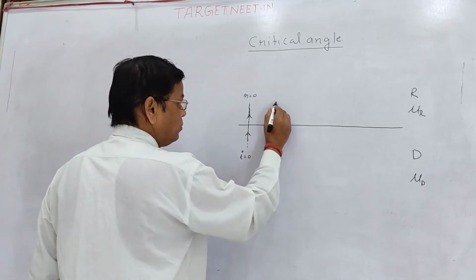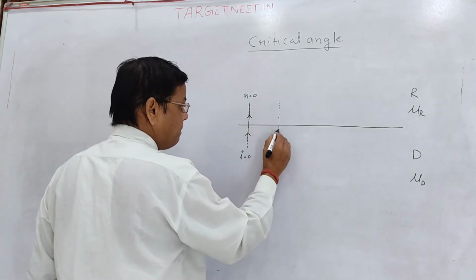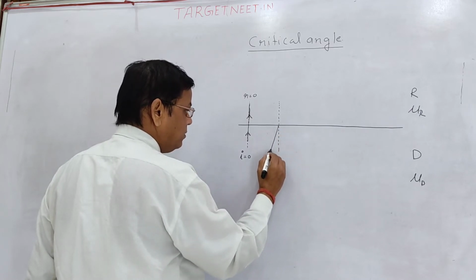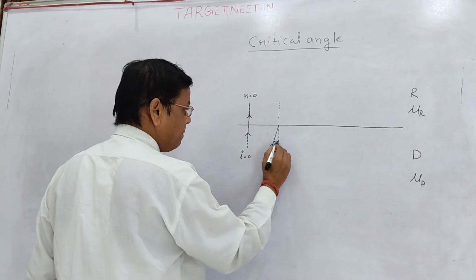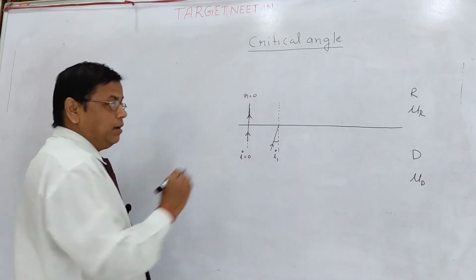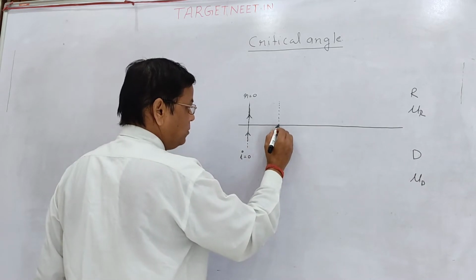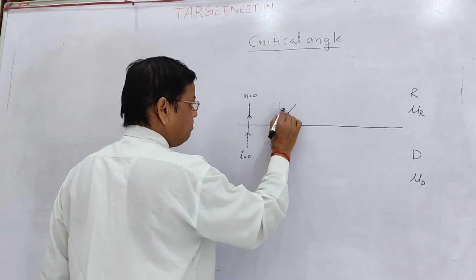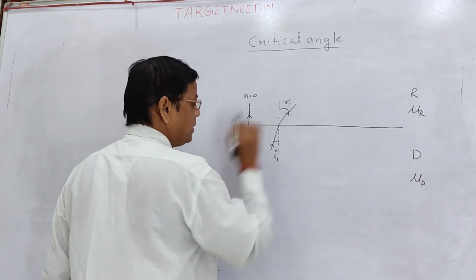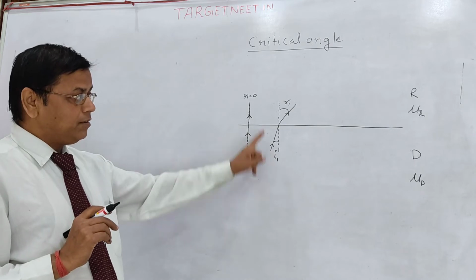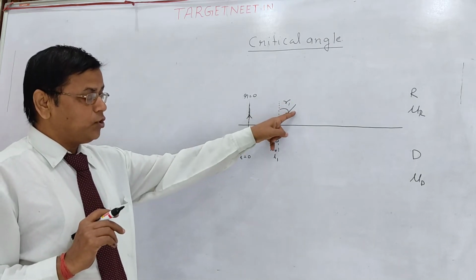Now if I increase the angle of incidence from 0 to I1, the angle of refraction also increases from 0 to R1. But see here, the increment in angle of incidence is lesser than the increment in angle of refraction.